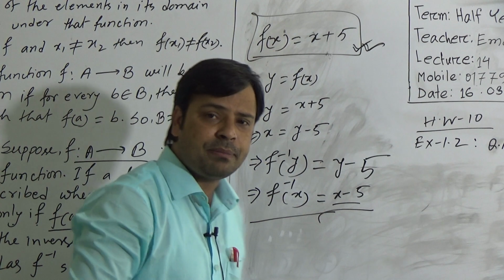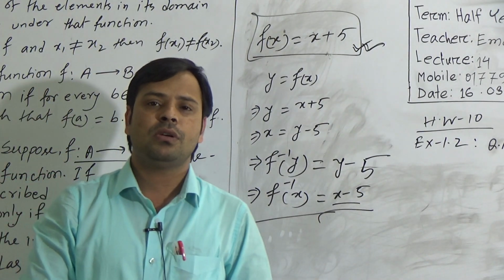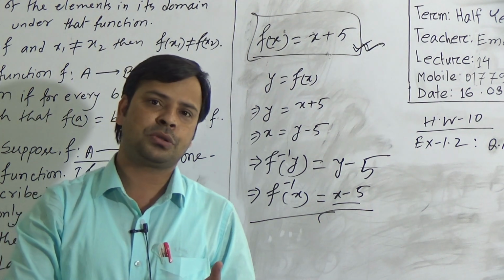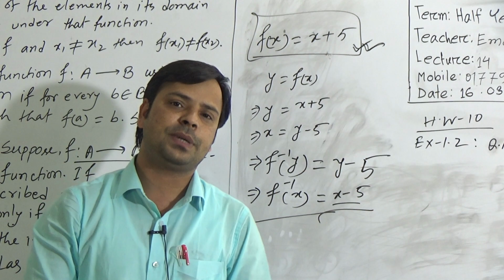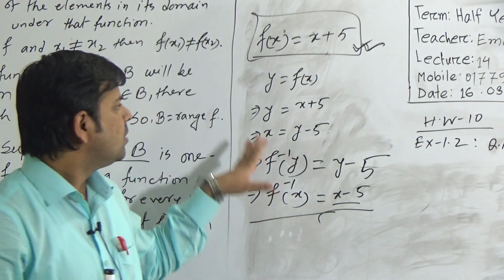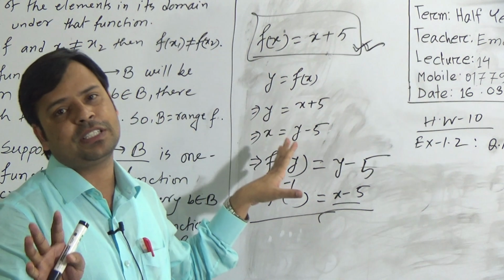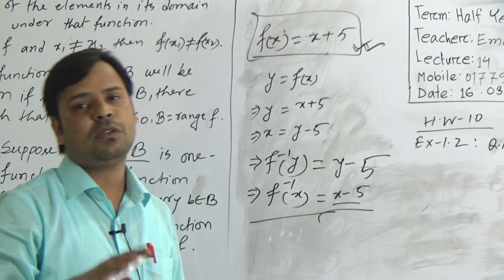But you need to remember that if a function is not one-one or if it is not onto, then we cannot determine the inverse function. The function has no inverse function if it is not one-one or onto.